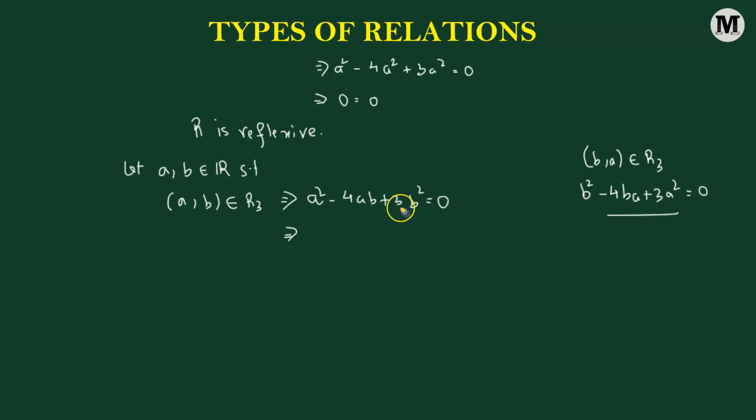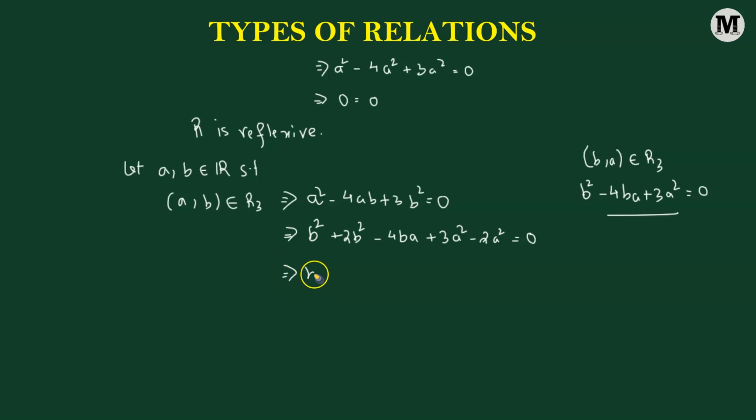So here let's split 3b squared into two parts as b squared plus 2b squared. Then we have negative 4ab, but we can also rewrite this as negative 4ba. Then we have positive a squared, but we can express it as 3 times a squared minus 2a squared equals to 0.